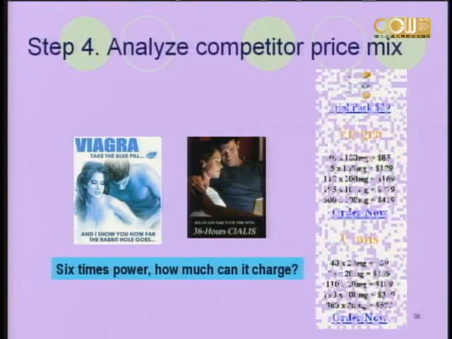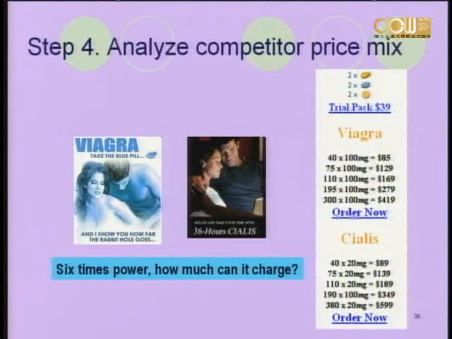It turns out that they did not change that much. I tried to go to the website to see that, all right? So trial pack $39, and $40.89. Look at carefully. They don't charge that much. They charge slightly more. Look at that. Only $4 difference.